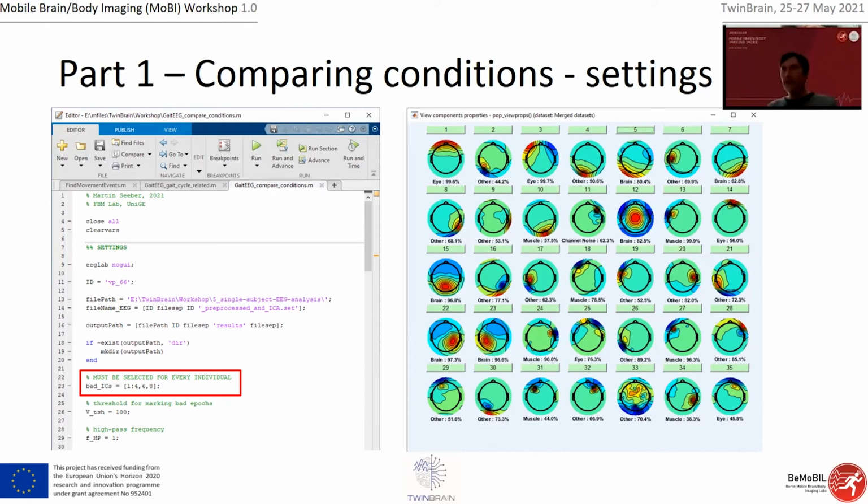That's the most important thing. After removing the eyes, and if I find a heartbeat, I get rid of that, then I try to find strong muscle artifacts. Those components are sorted by variance, meaning the strongest ones come first. So I try to find the eye components, the heart component, and the worst muscle activities, and then I cross my fingers and mark the bad ones.